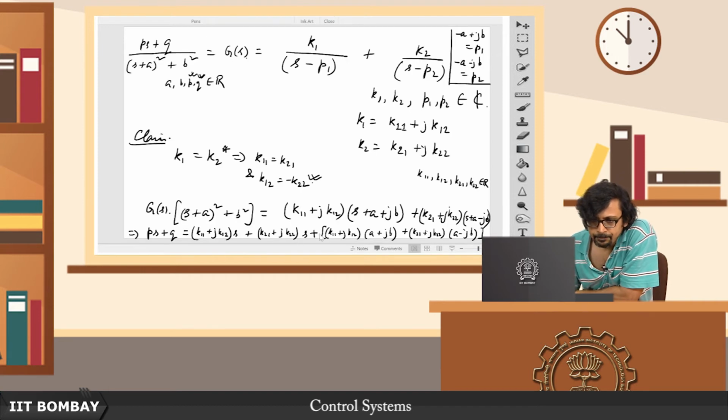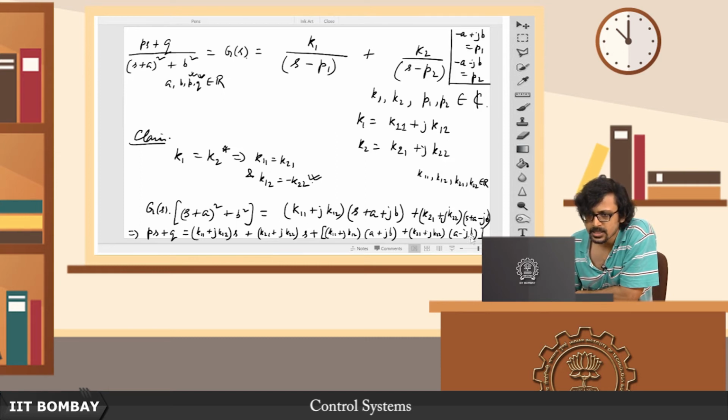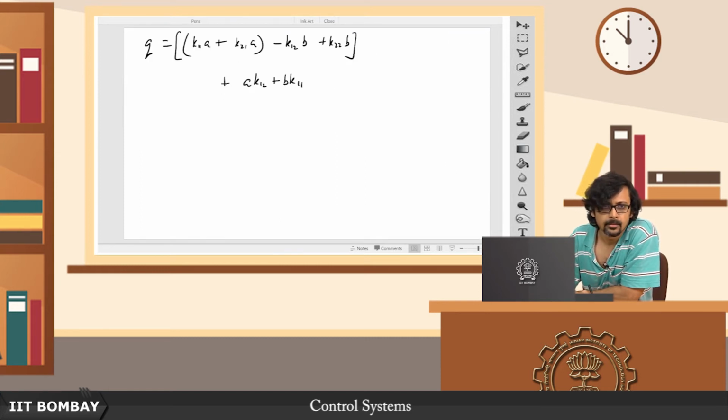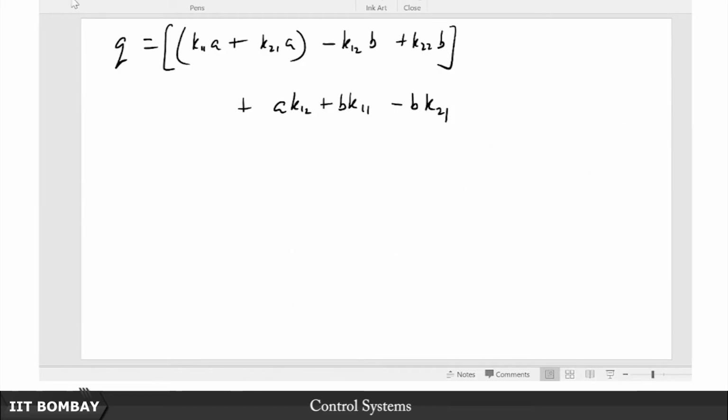If I multiply this here, you see that you get A times K12 plus B times K11, minus B times K21, plus K22 times A. Now you see here K22 plus K12 times A, this vanishes.